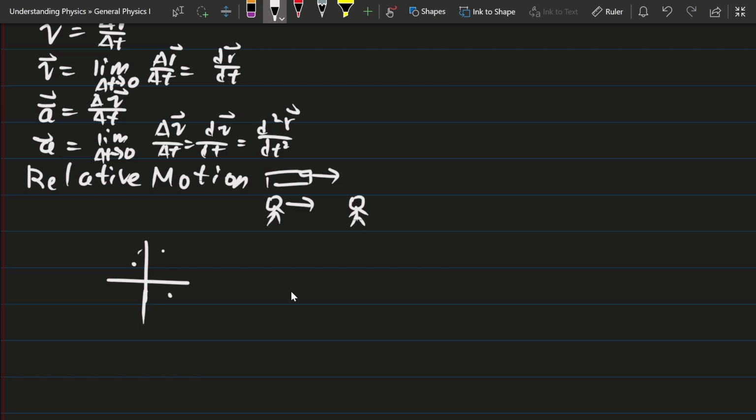Let's say this is the object that you want to observe, and this is the first reference point, and this will be the second reference point. First of all, I want to define the position of this object compared to the second reference frame. Let's just actually do this from the first reference frame. So we want to find the position of the object with the reference frame of the first reference frame.